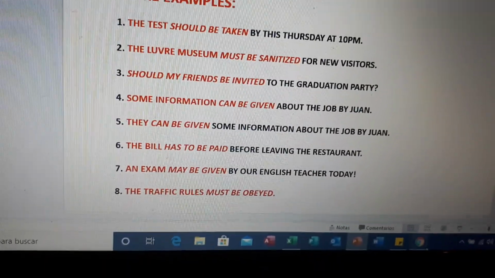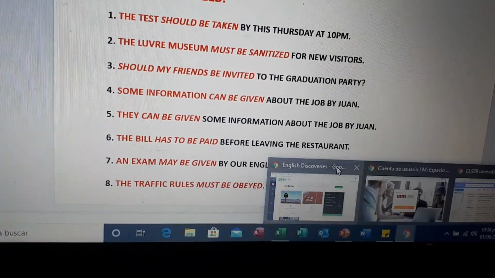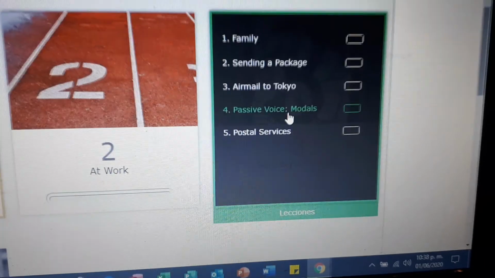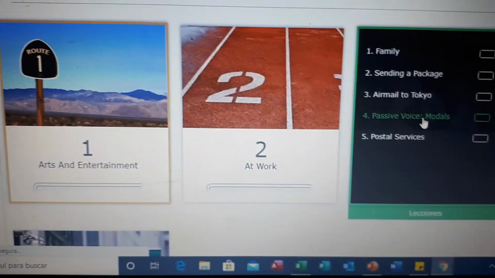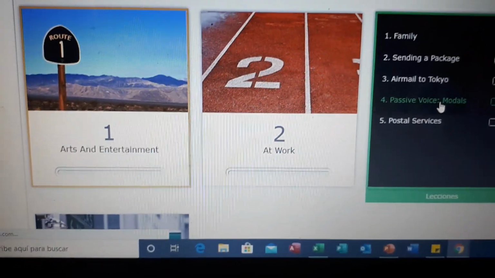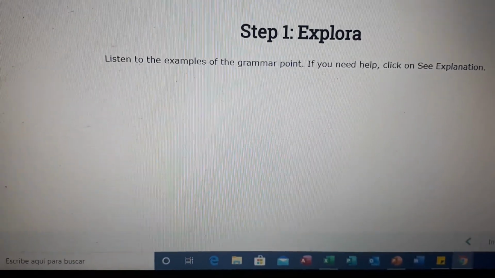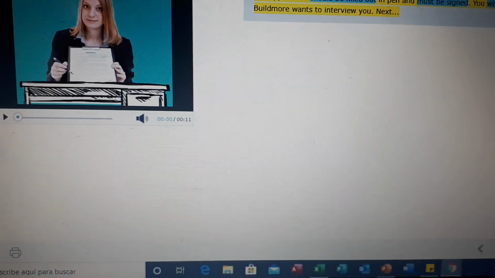So remember that you have this information in Unit 3, in Lesson 4, and we saw some exercises with this topic of the passive voice using modal auxiliaries.